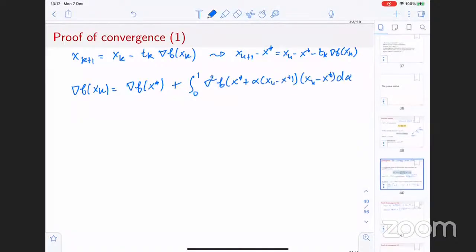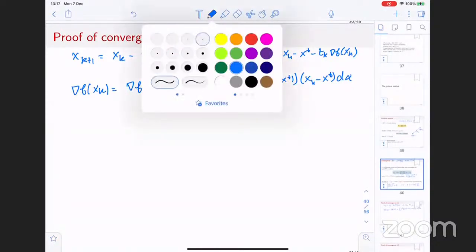So where is this formula coming from? This formula is nothing but the fundamental theorem of calculus applied to the gradient function. Let me explain this in more detail.